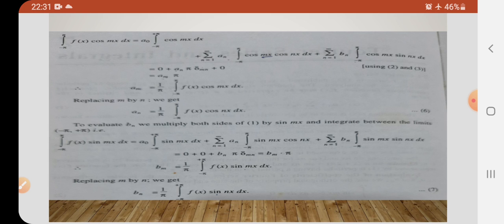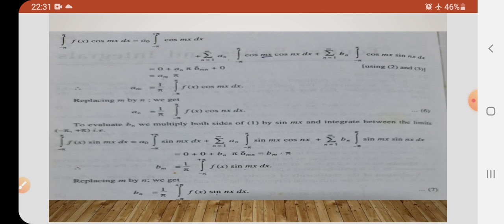By using the equations which we have written in the above section, we can write the value of the coefficients. We have only the third term, sin mx sin nx, which has the value b_n pi del mn.